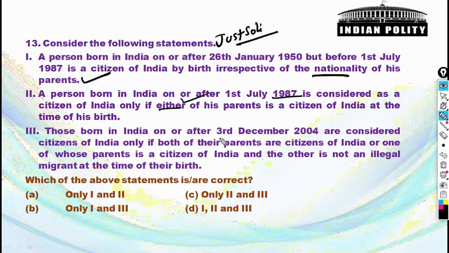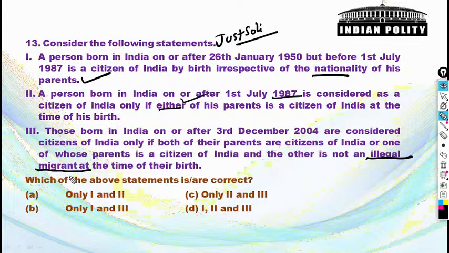Those born in India on or after 3rd December are considered citizens of India only if both parents are citizens of India, or one of whose parents is a citizen of India and the other parent is not an illegal migrant. This provision was added after 3rd December 2004 by amending the Citizenship Act 1955.